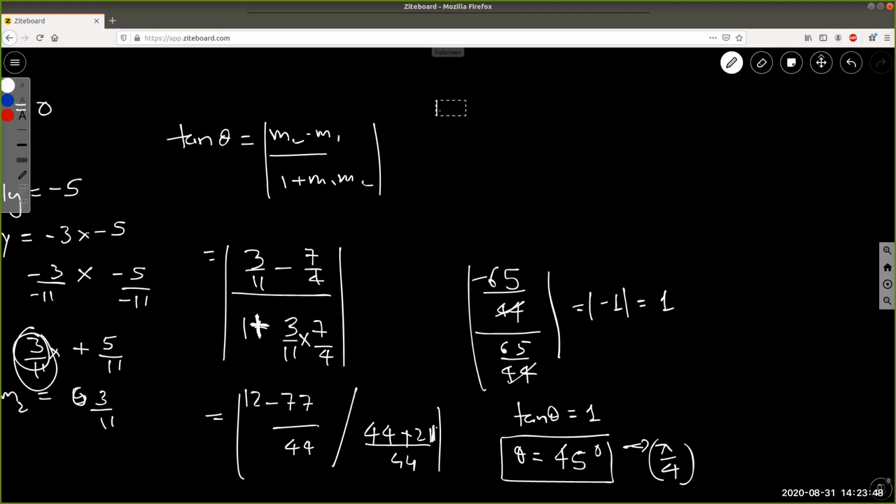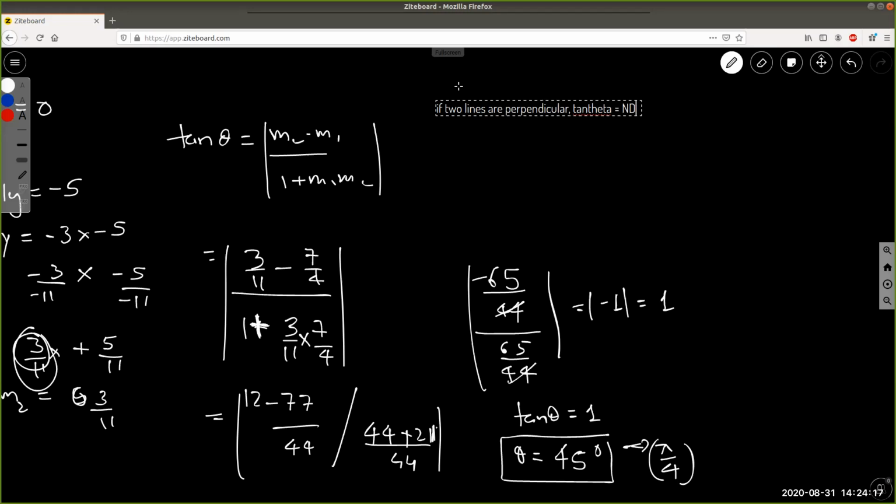Okay, write this. If two lines are perpendicular, what is theta? 90 degrees, pi by 2. Then what is tan theta? Not defined, right? That means the denominator is 0.